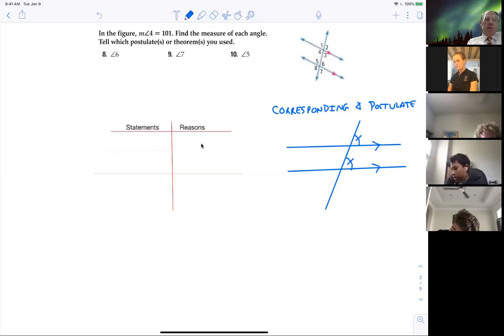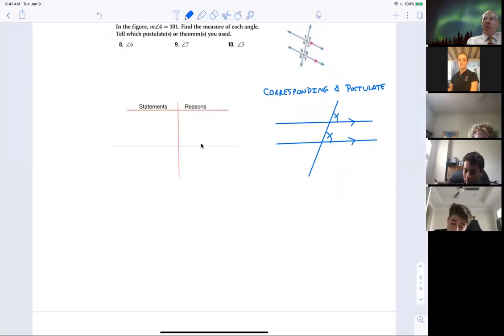All right, that's the corresponding angle postulate. If two lines are parallel, then the corresponding angles are congruent. That's a postulate. Are you with me? Which you guys already knew. You already knew corresponding angles are congruent if the lines are parallel.